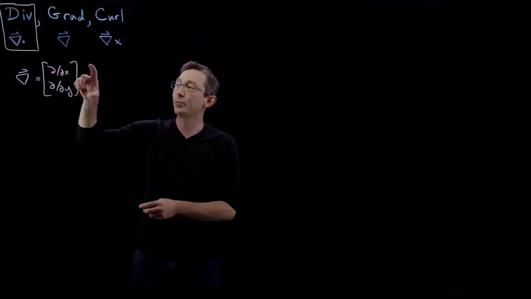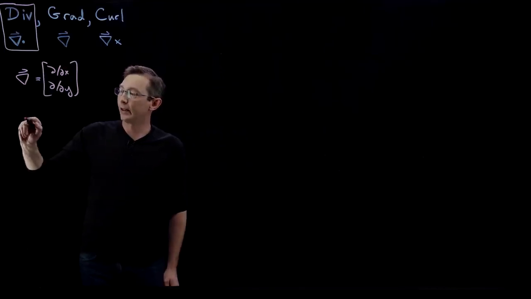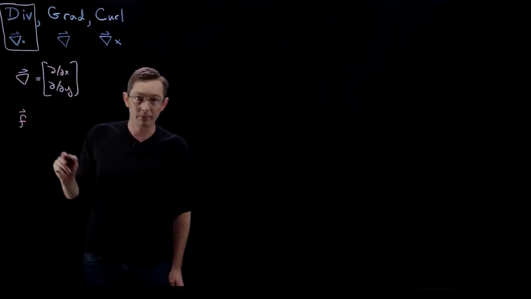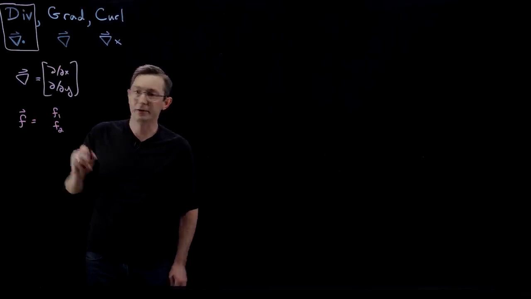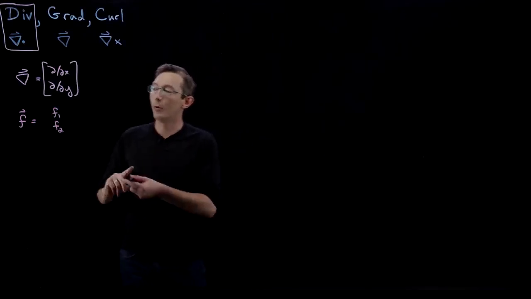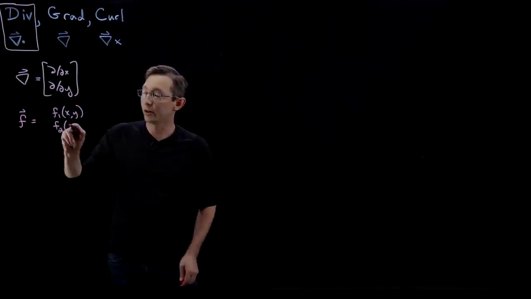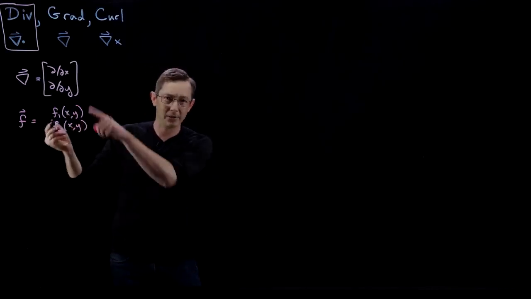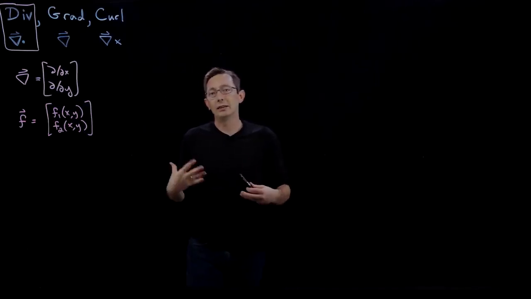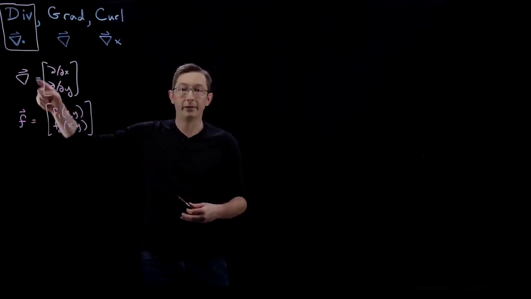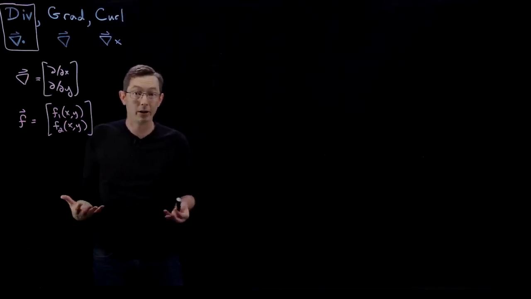And so we're going to take the dot product with a vector-valued function. If we have some vector-valued function, we'll call it f bar, and we'll say that it has components f1 and f2. In general, f1 would be a function of x and y, and f2 would be a function of x and y. I might drop this dependence in a little bit. Then we can take the divergence of f, or del dot f, just like you would normally do a dot product of 2 vectors.